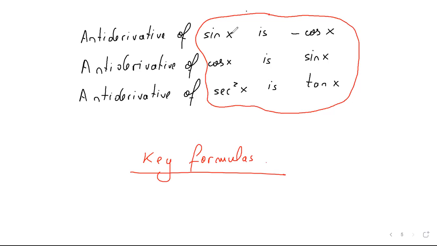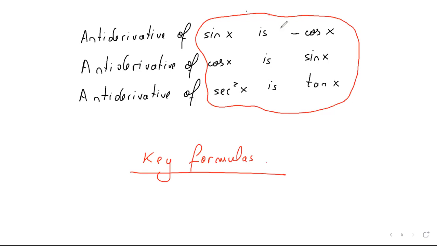The antiderivatives, notice how they are always different from the derivatives, folks. So for instance, the derivative of sine is cosine, but the antiderivative of sine is negative cosine. So this is key here. It's a small difference, but if you memorize the derivatives correctly, you will know that the antiderivatives have different signs for sine and cosine.